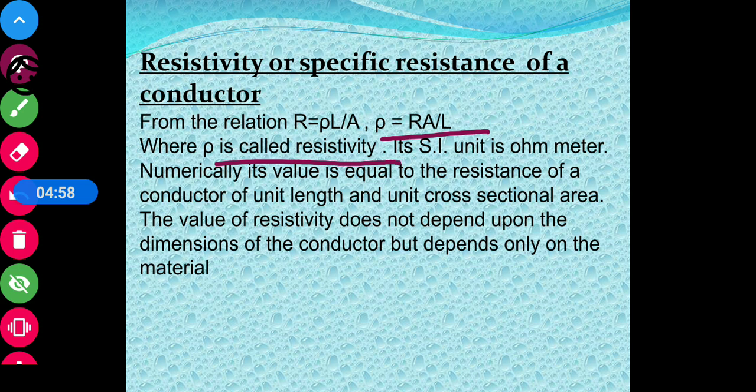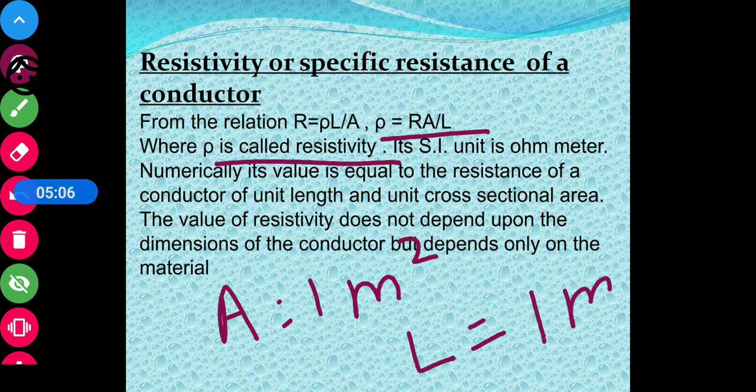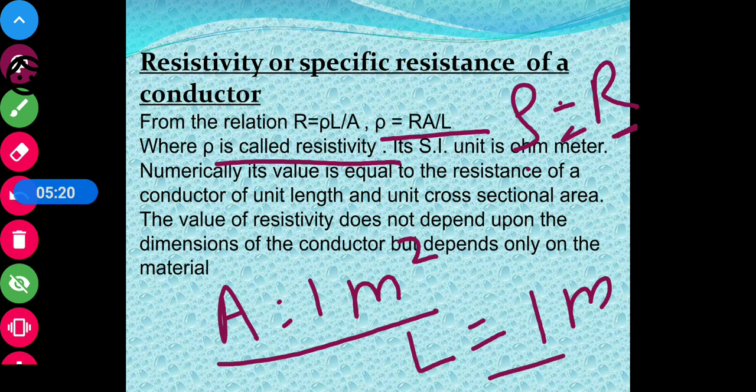If we take A equal to 1 meter square and the length of the conductor 1 meter, then rho is equal to R. So rho is the specific resistance of a conductor whose area of cross section is 1 meter square and length is 1 meter. Numerically, specific resistance or resistivity is equal to the resistance of a conductor of unit length and unit cross-sectional area.